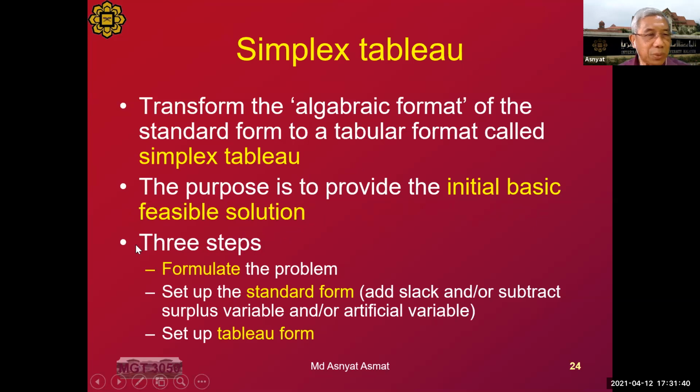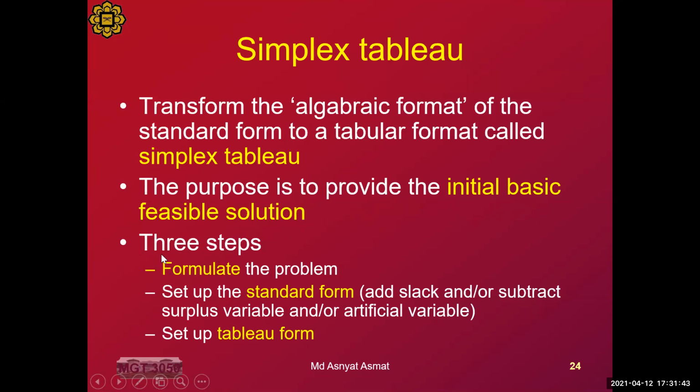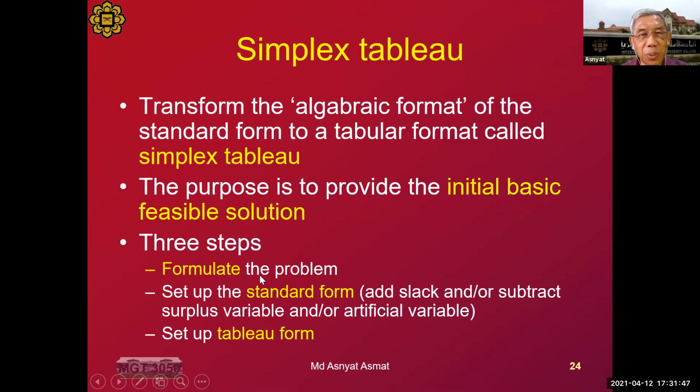So there are 3 steps. The first step in Simplex, the same thing: formulate the problem. We call it develop the linear programming model, and then convert it into standard form, or we can say construct the standard form. Standard form means after you add the slack or subtract the surplus, changing the inequality sign into an equal sign.